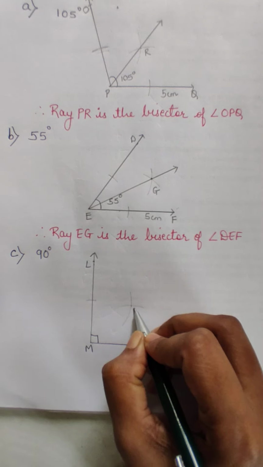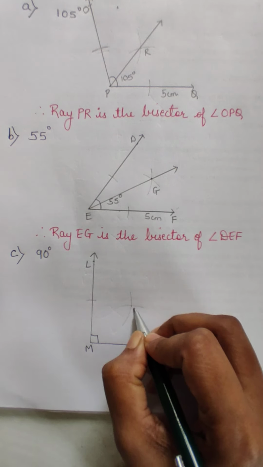The procedure remains same for the angle bisectors. So I get this point. I will draw a line passing through this point. So this is my first angle bisector of angle C.